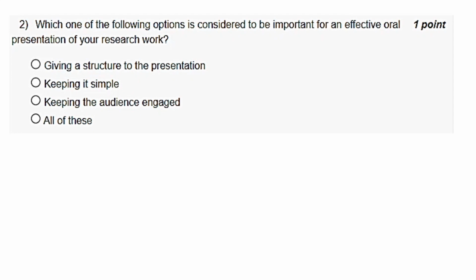So next question: which one of the following options is considered to be important for an effective oral presentation of your research work? All of these. So whenever you're making a presentation, what I have learned from my own presentations is that structure is very important. Also, you need to keep it very simple.